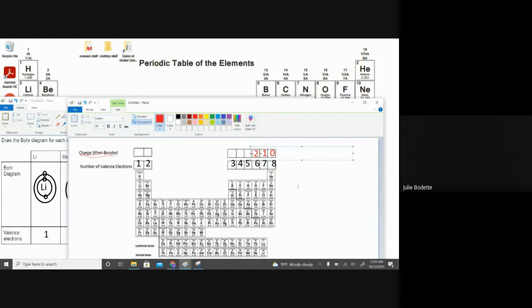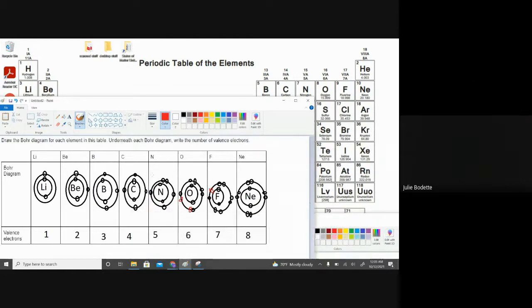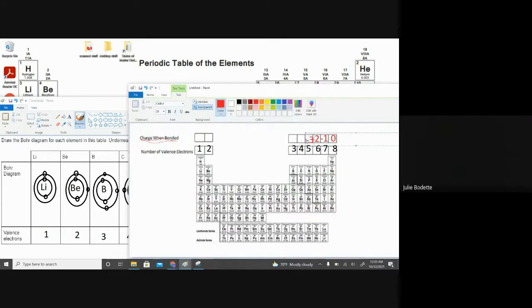Okay. And the same pattern for nitrogen. Nitrogen has 5. It wants to get to 8, so it needs 3 more. They would go here, right? 3 more. So gain 3. So a -3 charge.